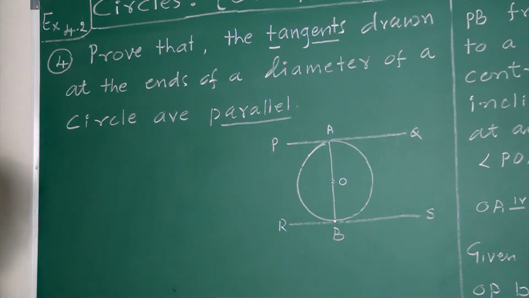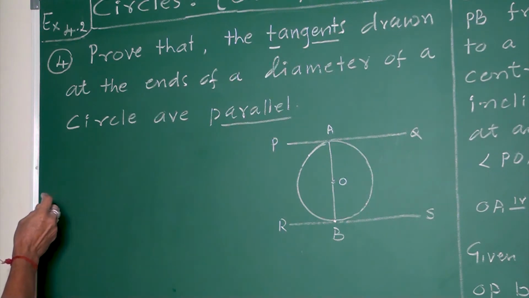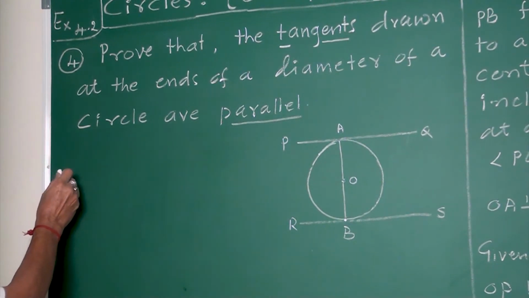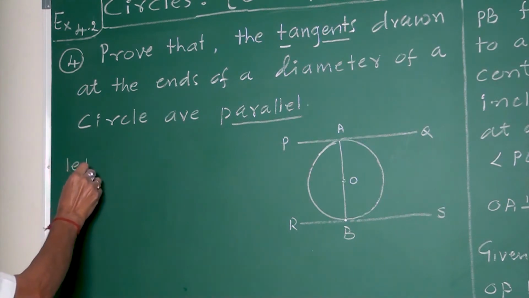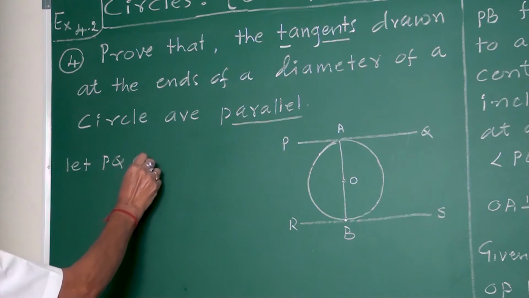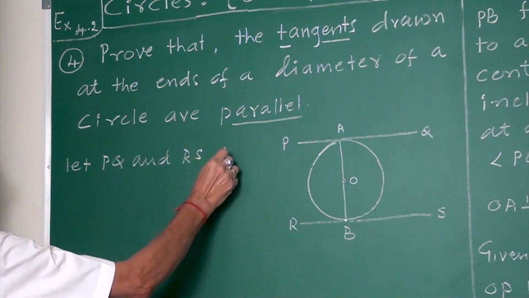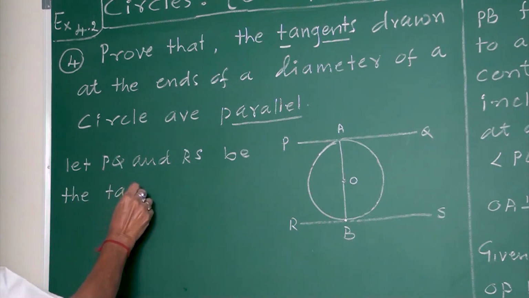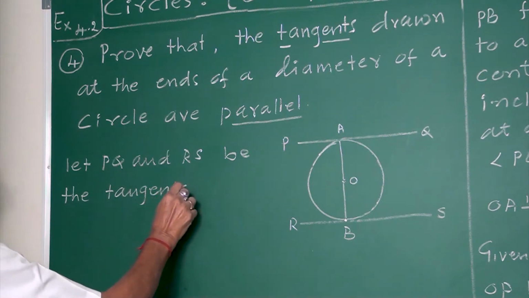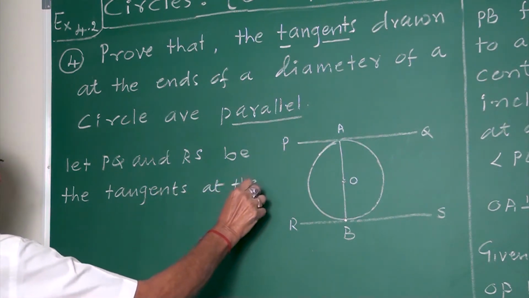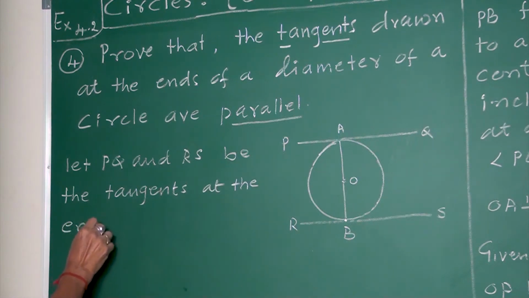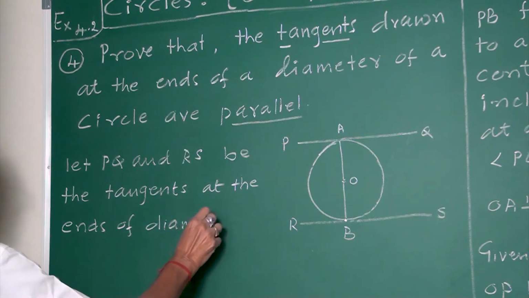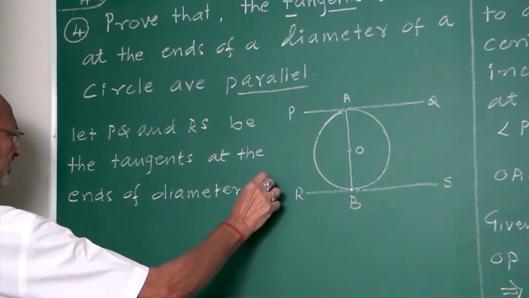Yes, my friends. Let PQ and RS be the tangents at the ends of a diameter, the ends of the diameter AB.